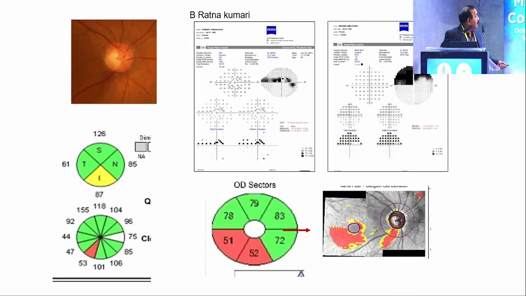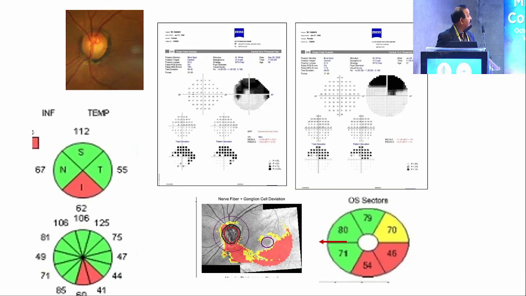Take for example this case, 78, and this is all because the upper part is already gone. This patient is having good retinal ganglion cell thickness. Now, you can tell that you are safe, your ganglion cell thickness is very good, and you need not go for 2 drugs or 3 drugs. Single drug may be enough.